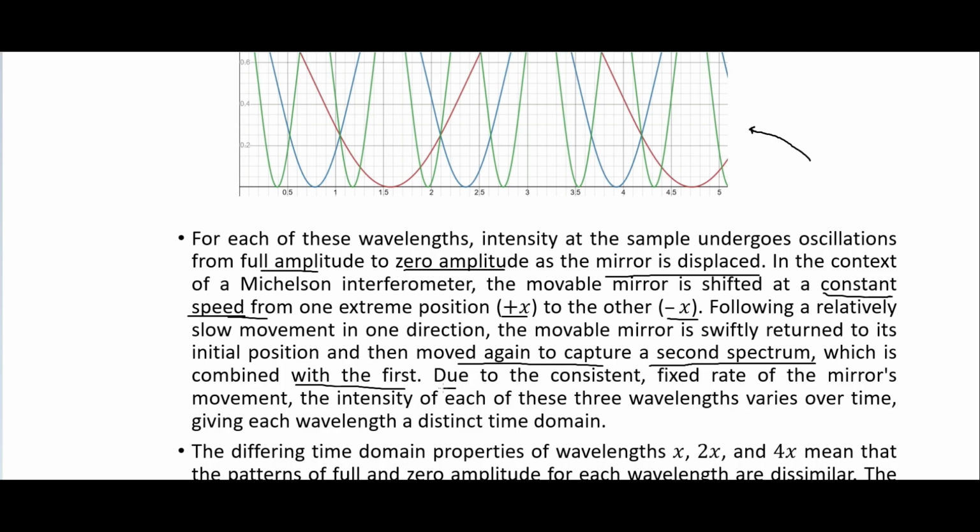So due to the consistent fixed rate of the mirror's movement, the intensity of each of these 3 wavelengths varies over time, giving each wavelength a distinct time domain. And so because they're moving at the same speed every time, we can call the change in the phase differences a time domain for this.